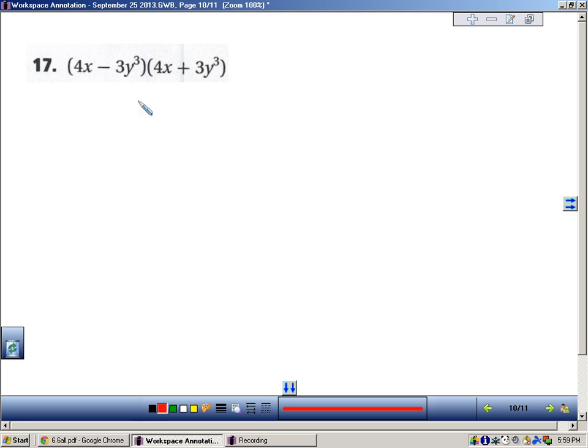Sum and difference. I like this one because the middle terms cancel out. So positive and negative, your middle terms cancel out. So let's take the first term, 4x, square that. Let's take your last term, square that.